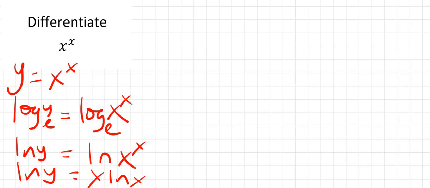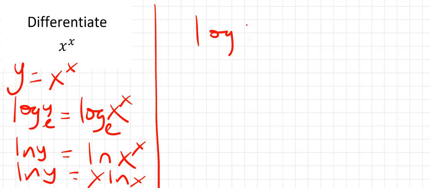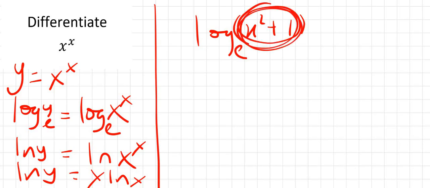Let me write a simple logarithm and differentiate it in order to recall. If I have log of x squared plus 1 base of e, and I'm trying to differentiate this, the answer I'm going to get will be the numerator, and the denominator will be the whole of this.